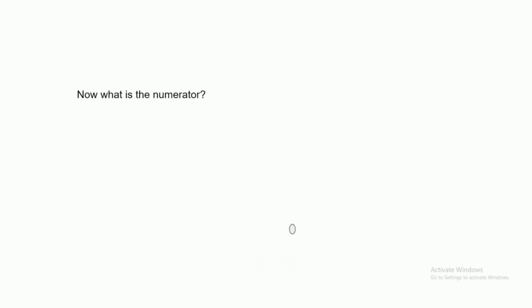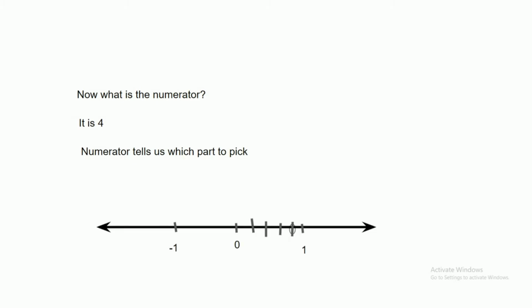Now what is the numerator? It is 4. The numerator tells us which part to pick. We have divided our number line into 5 parts, but which part do we have to pick? This is told by our numerator.